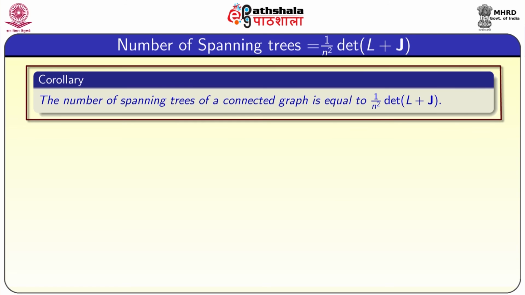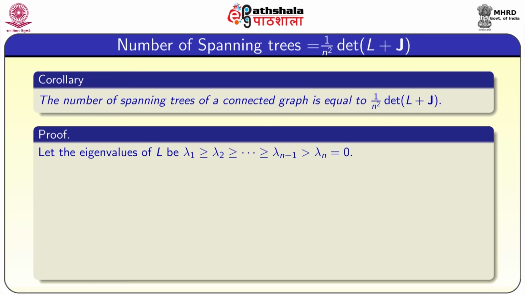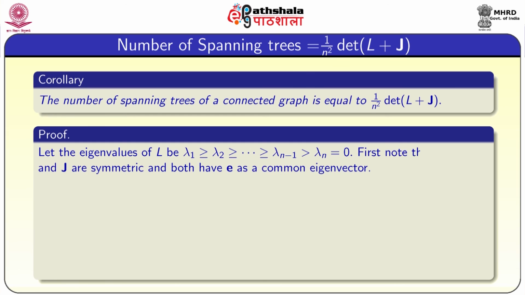Now we will see a corollary. The number of spanning trees of a connected graph is equal to 1 by n square times the determinant of L plus J. Let the eigenvalues of L be lambda 1 greater than or equal to lambda 2 and so on, lambda n minus 1 greater than lambda n, which is equal to 0.